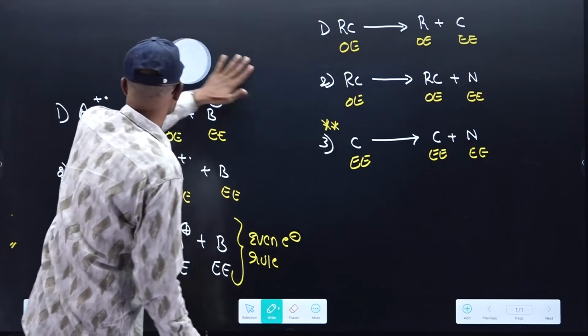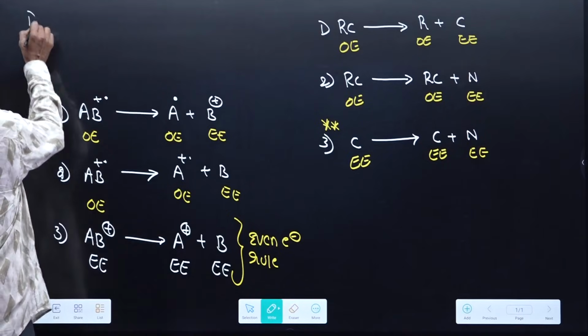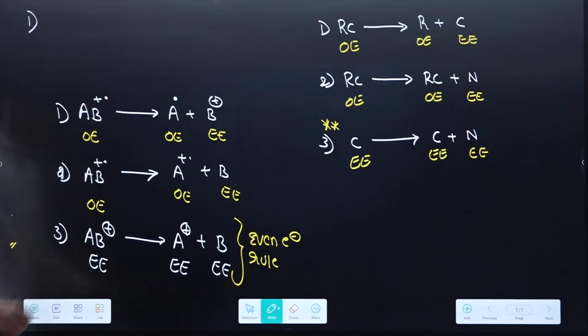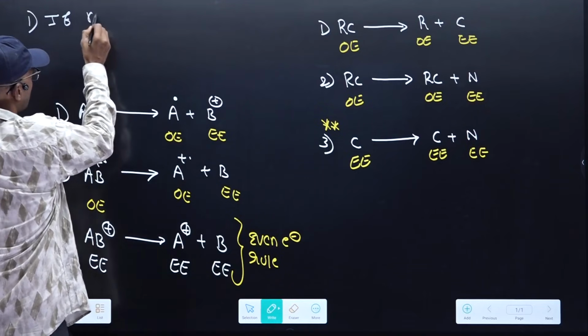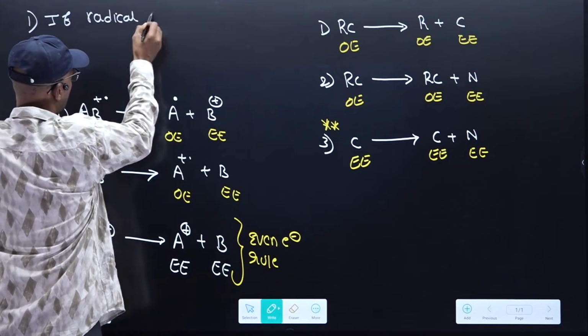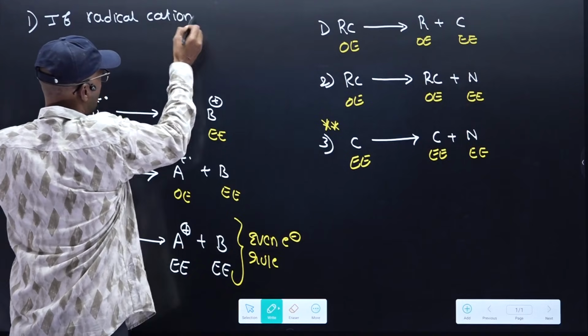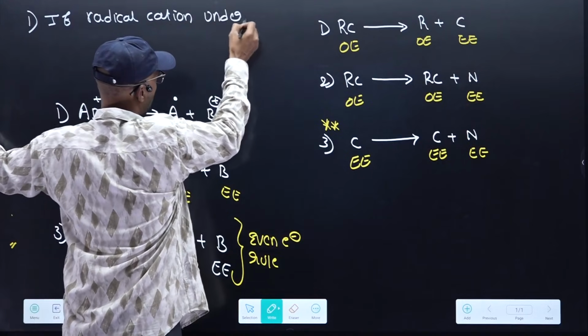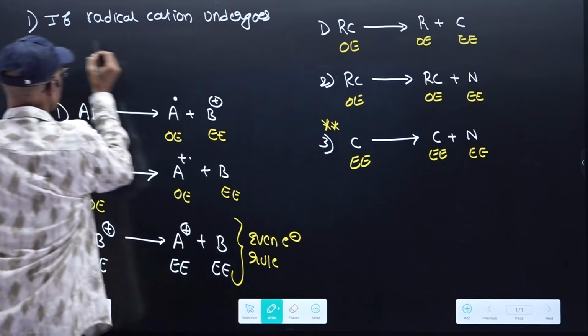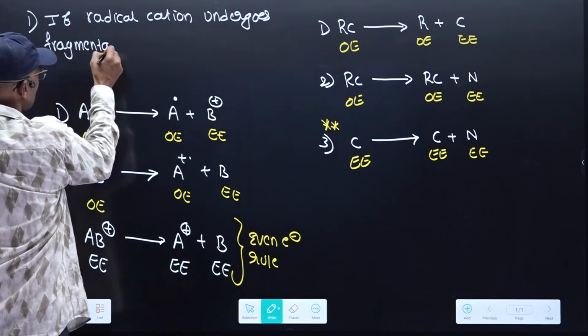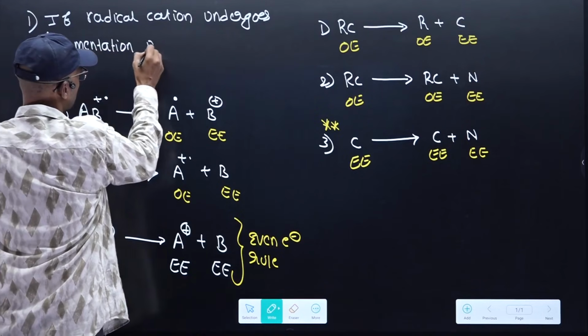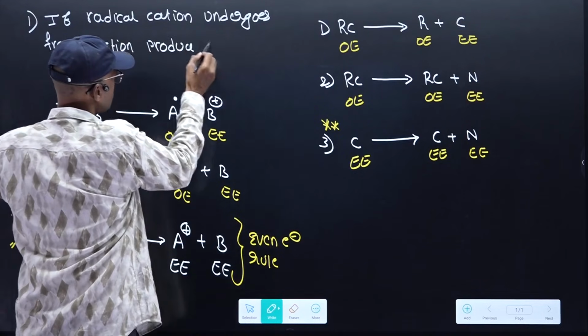One fragmentation I will explain. See this, this is your first fragmentation. If any radical cation undergoes fragmentation, what does it produce?